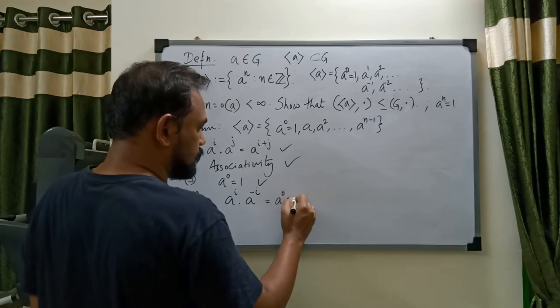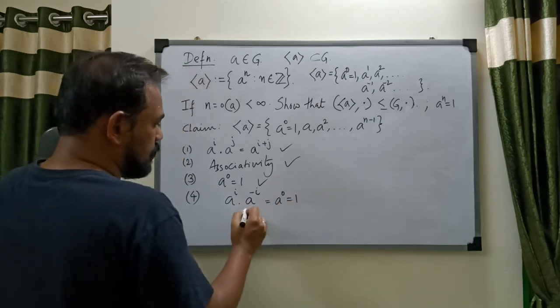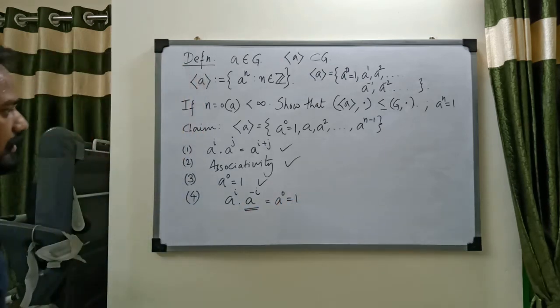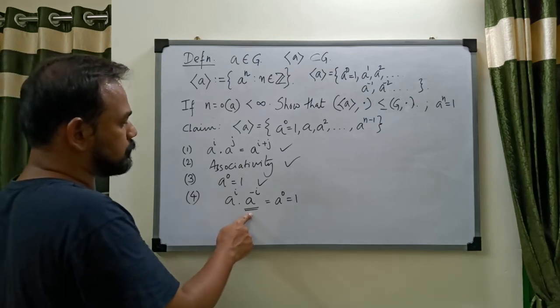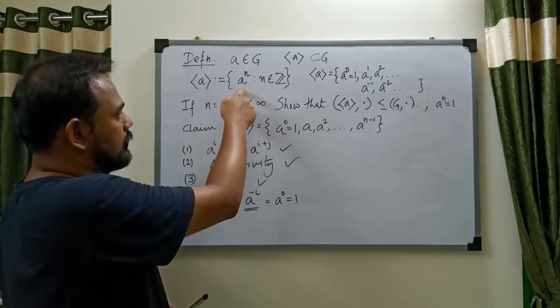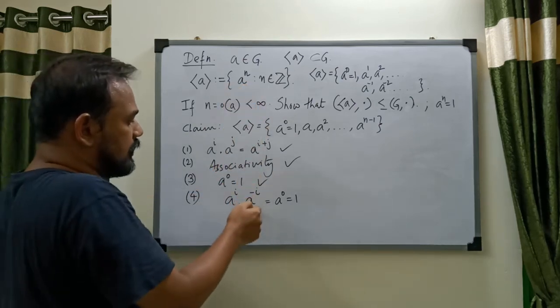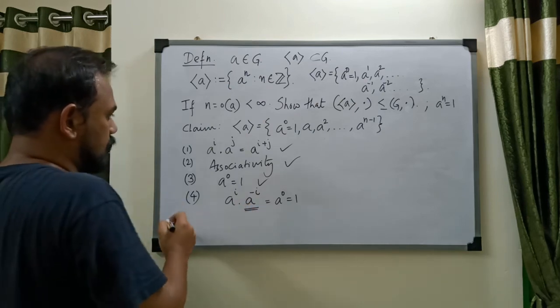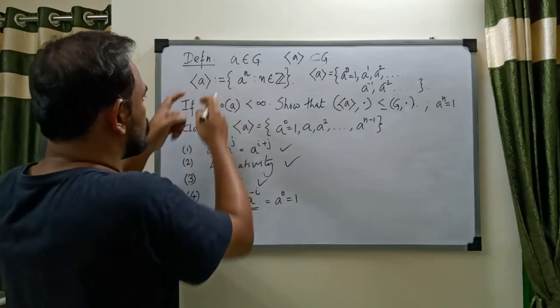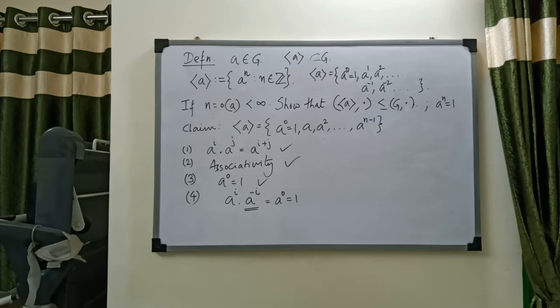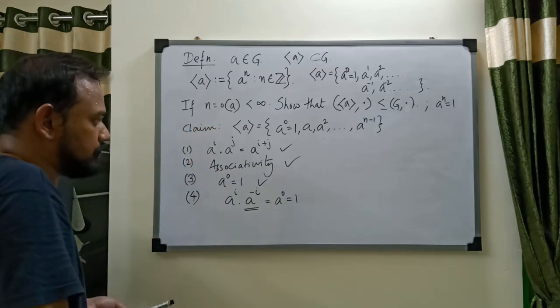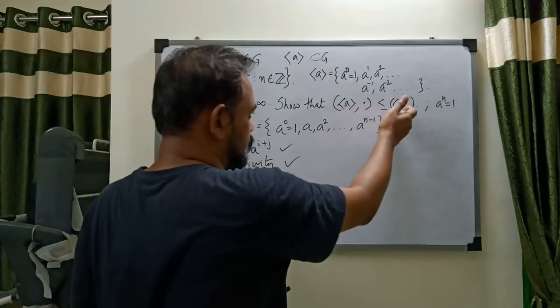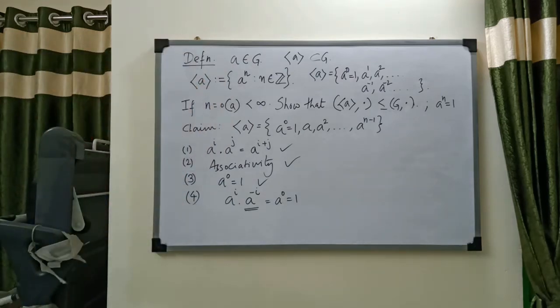This is a to the 0 and this is 1. So the inverse of this element is in there, and this set follows all the axioms of a group, and therefore it's a subgroup of G.